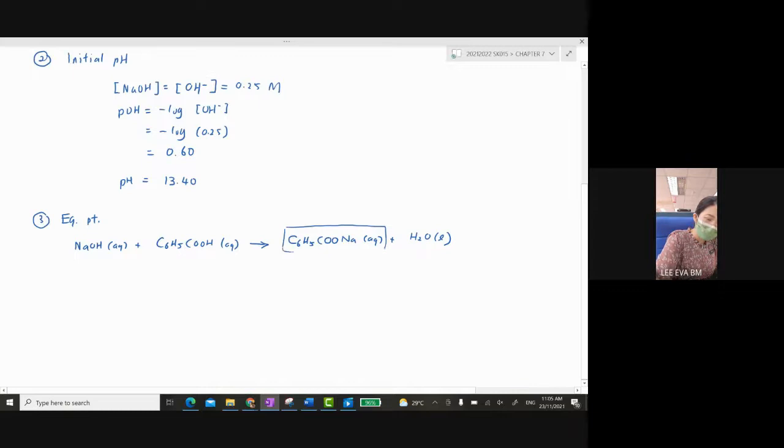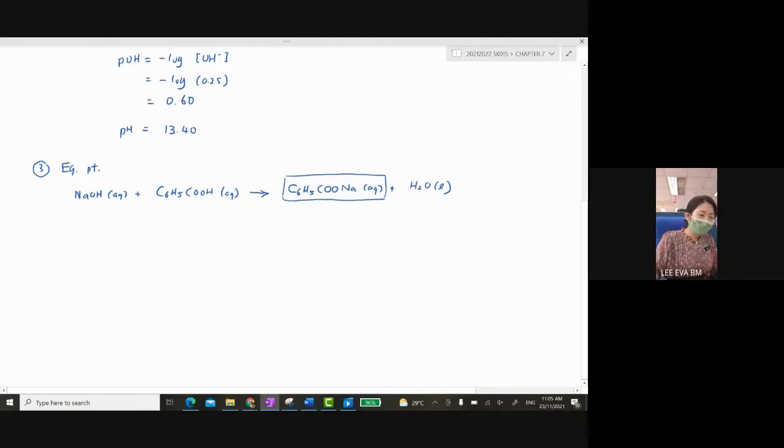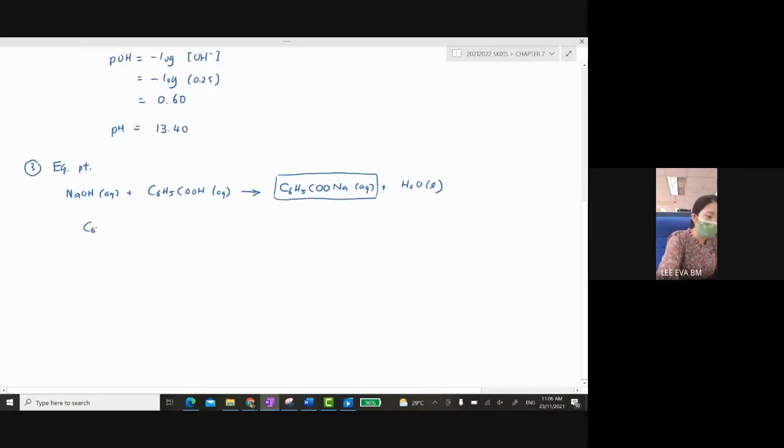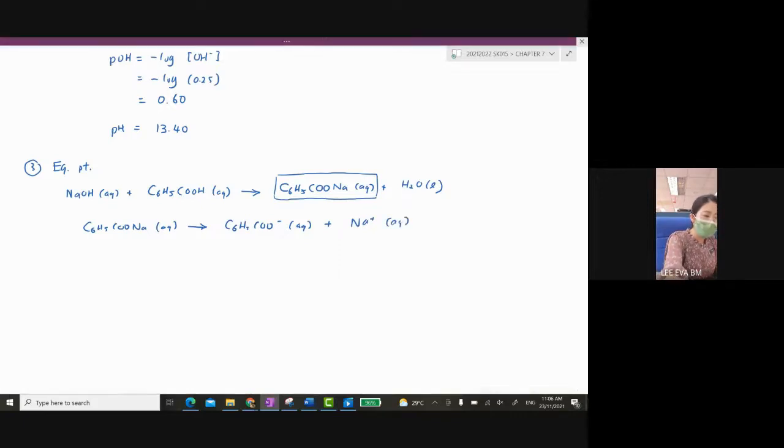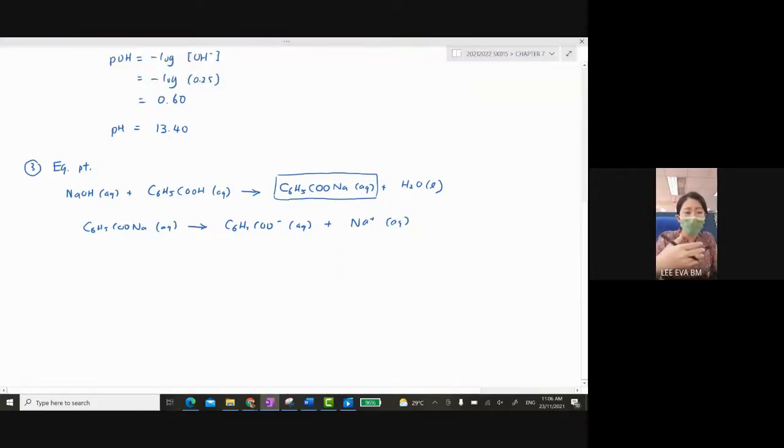Then the next equation, what we want to do is the complete dissociation of the salt. So we have C6H5COONa, which completely dissociates to give you the conjugate base C6H5COO minus and Na plus. From here, you can do some interpretation: which ion will undergo hydrolysis?